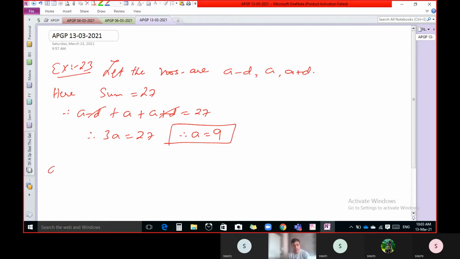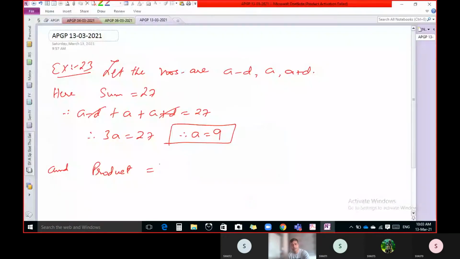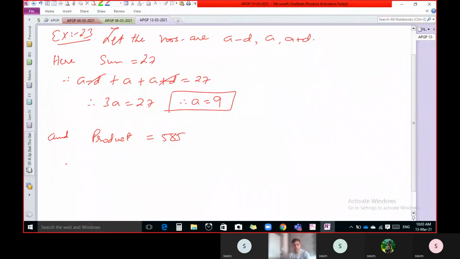Now use the second condition, the condition of product. Product is given, 585. Product means multiplication. So multiply these three: a minus d into a into a plus d equal to 585.